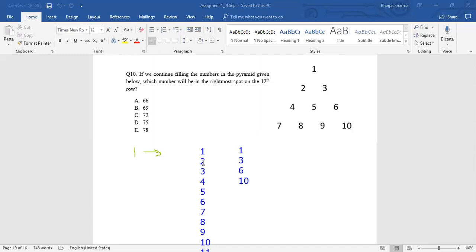Second term is 3. So if I look at this, my n is equal to n plus 1.